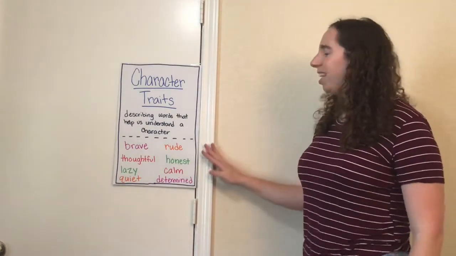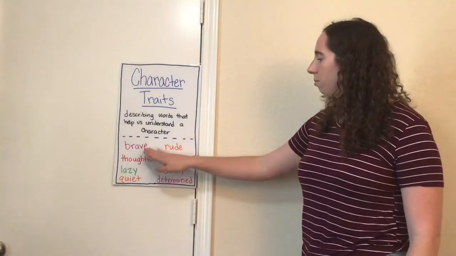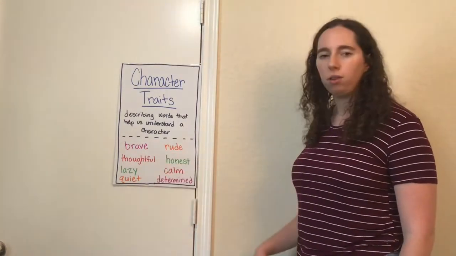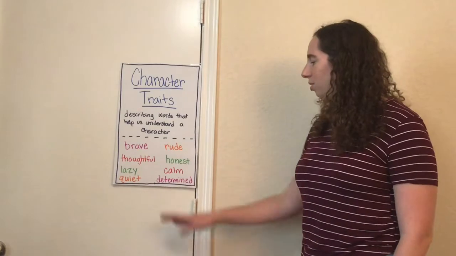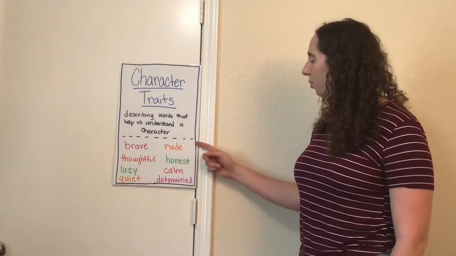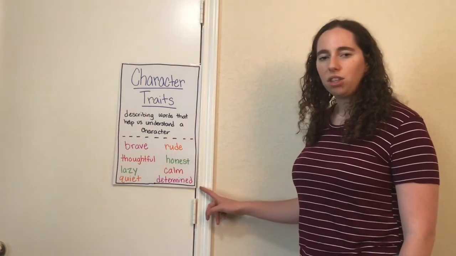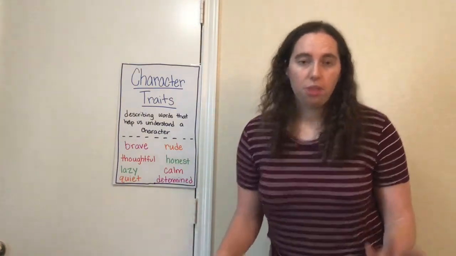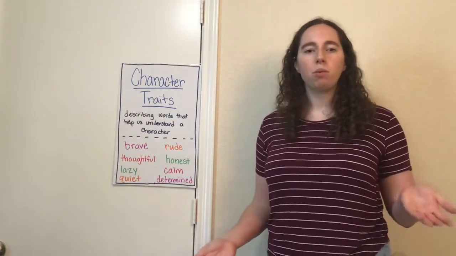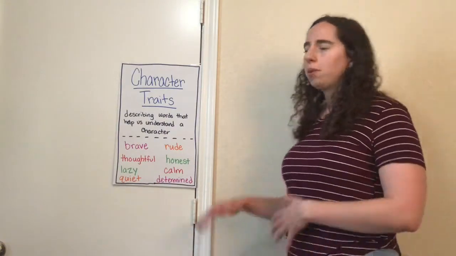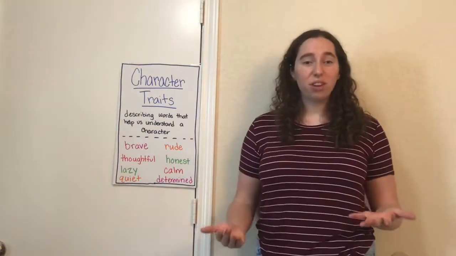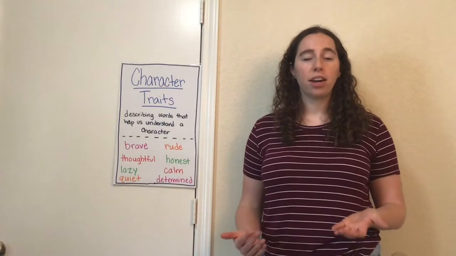Now, some example words that have character traits are brave, thoughtful, lazy, quiet, rude, honest, calm, and determined. Now there are a lot more than those 8, but those are some really common ones that we're going to see.